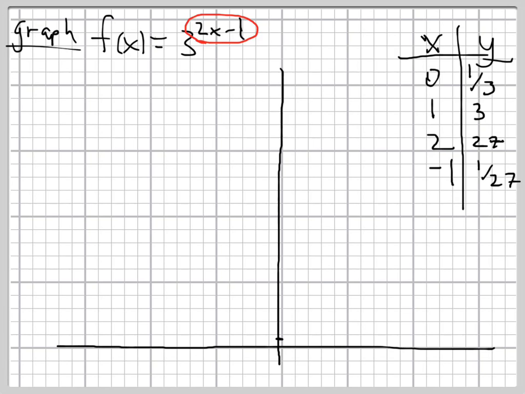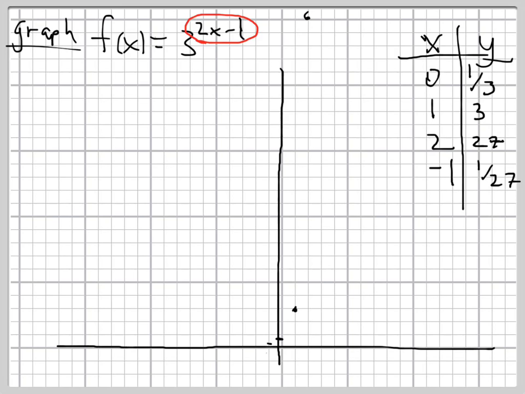Negative 1 is all the way down here, 1/27. When x is 1, we had y is 3, and then when x was 2, we had 27, 5, 10, 15, 20, 27, it's like all the way up there already.